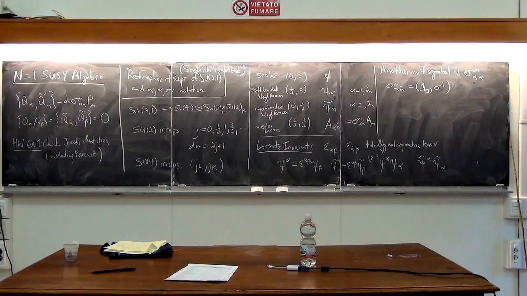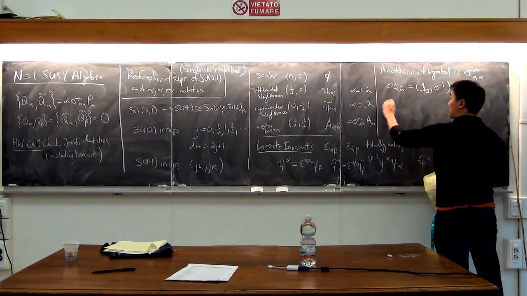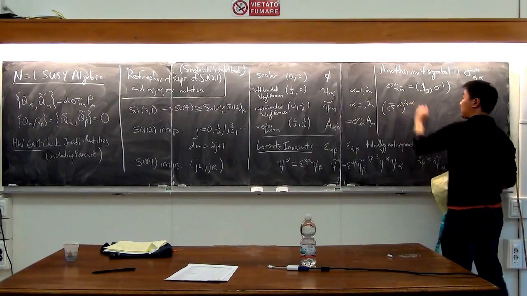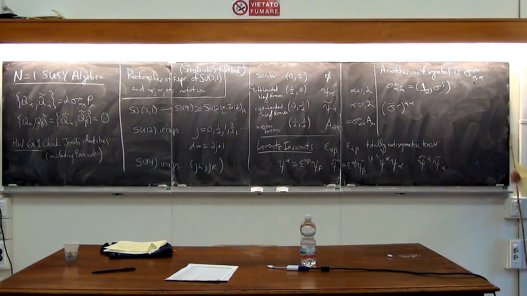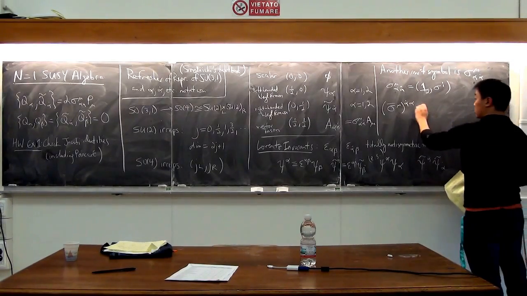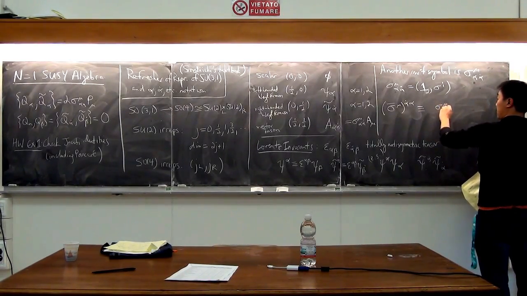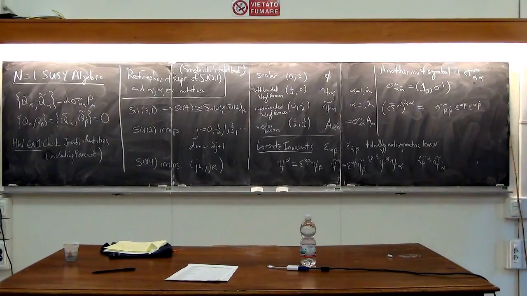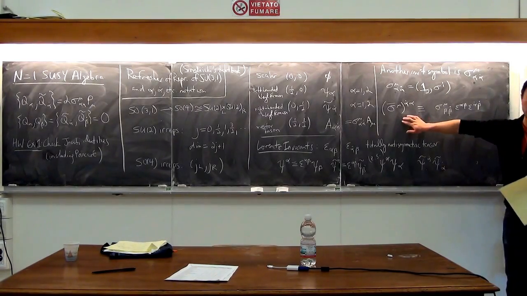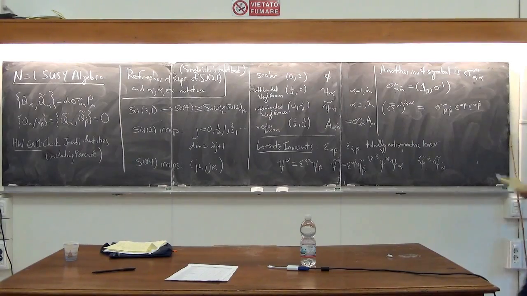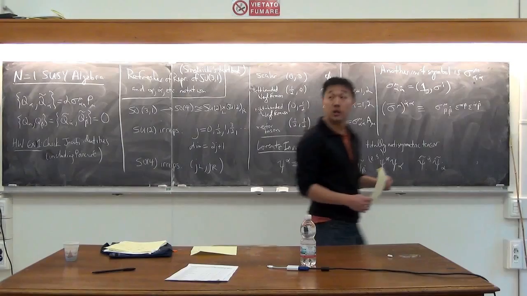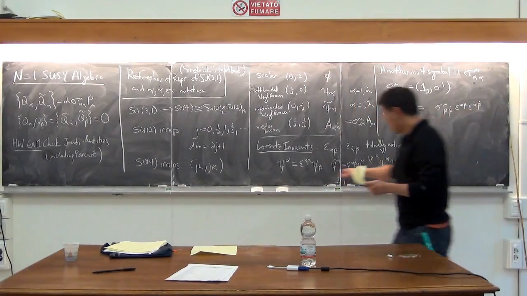All right, and another conventional notation is to introduce the friend of this, sigma bar, which has raised indices, and we raise and lower again with the epsilon tensor. So this is defined to be sigma bar mu alpha dot alpha equals epsilon alpha dot beta dot epsilon alpha beta sigma mu beta beta dot. Okay, so this is something I'll use a lot. Good.